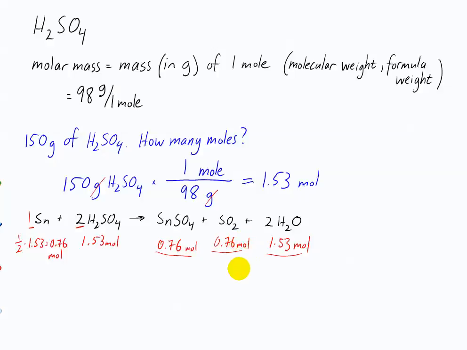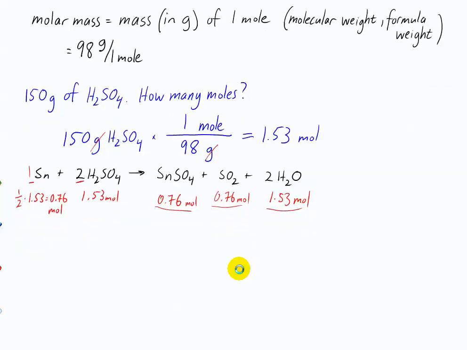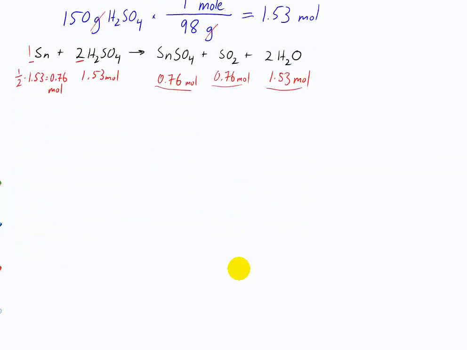So now we know in moles how much of this stuff we actually need. So let's go backwards then. How much water in grams is produced? So to figure that out, we take the number of moles of water and convert it back to grams.